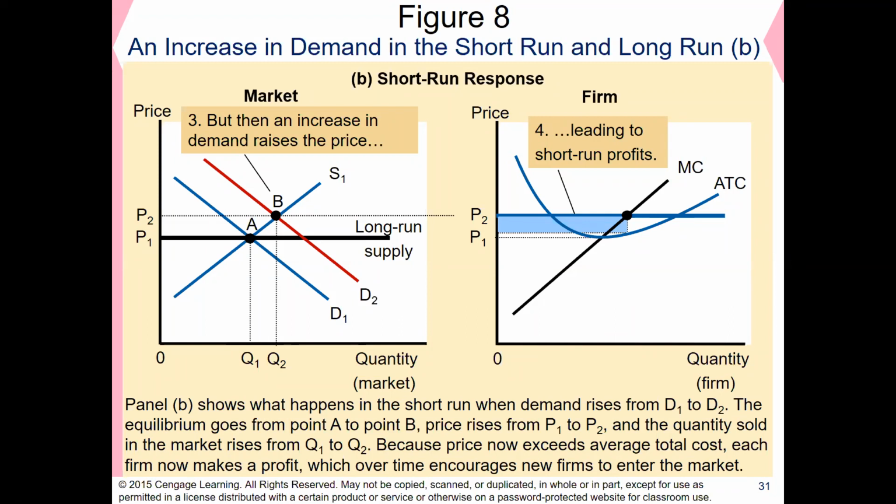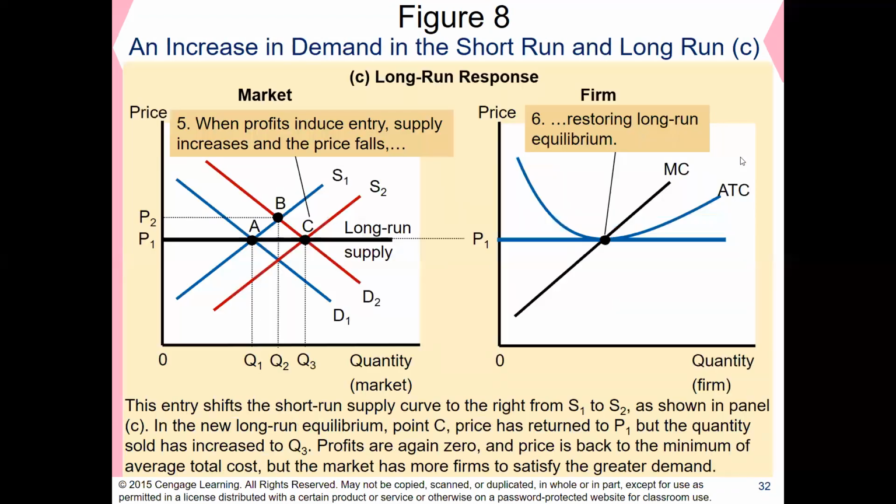Once they enter the market, what will happen? The supply curve will shift to the right, which will bring the price back to its minimum, where the firms minimize the cost. So there will no longer be a profit greater than zero. The profit will be equal to zero, where the firms will stop entering and exiting the market.